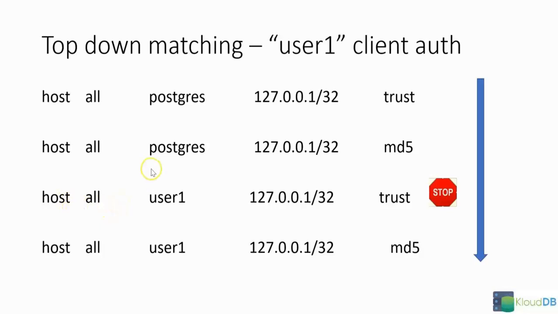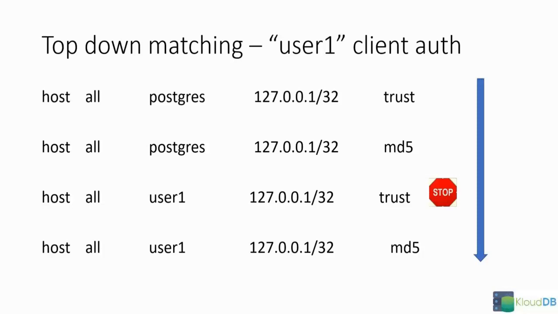Now, as we discussed before, there is top-down matching for the file. So Postgres starts with the top line and tries to scan downward. Let's say a user called user1 is trying to authenticate. So it starts from the top, and the top line is for Postgres users.